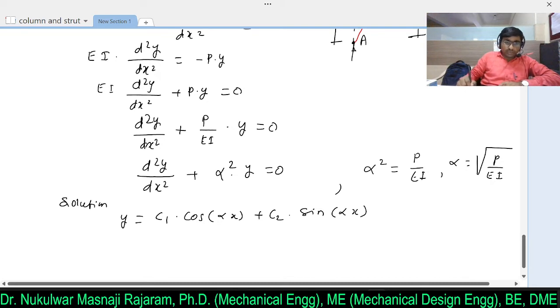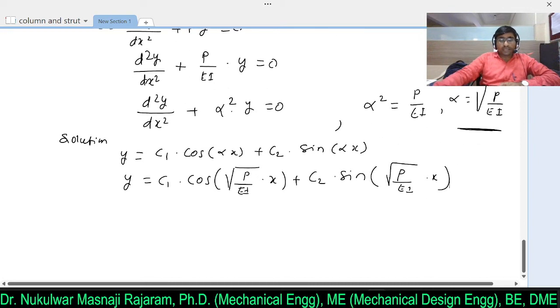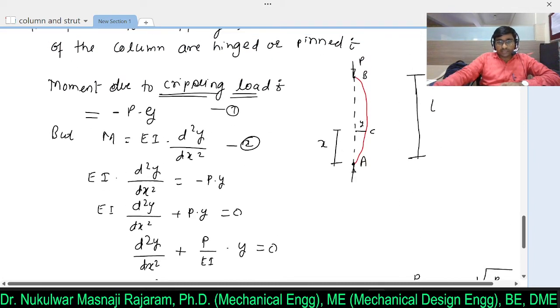Simple. So I am writing the value of alpha. So y equal to c1 into cos of under root of P divided by EI into x plus c2 into sin of under root of P divided by EI into x. Simple.